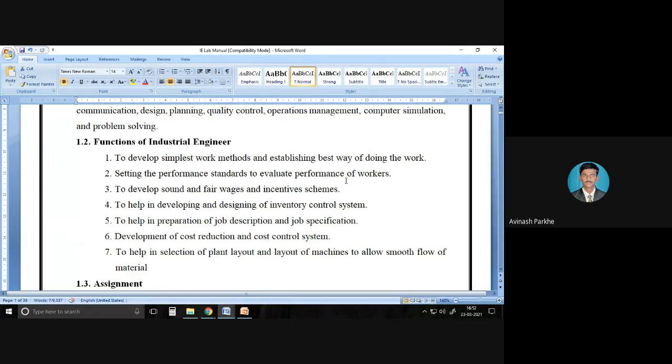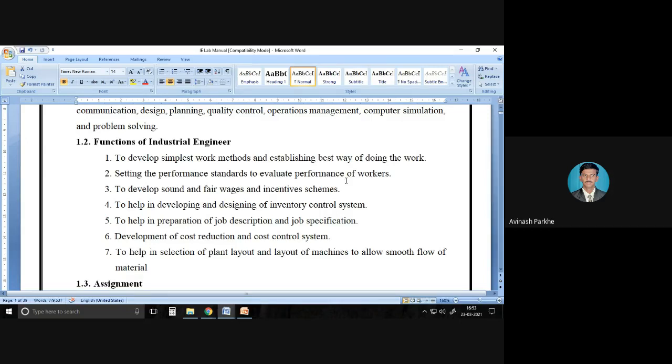Where we provide skilled operators, we have to evaluate their performance: whether the skilled operator is performing his or her task in an effective manner, whether he or she completes the work within the given period of time, and how he is performing his work.